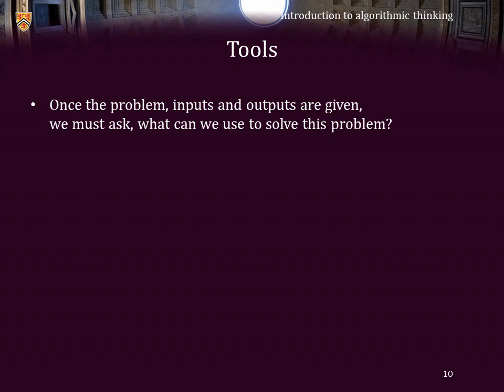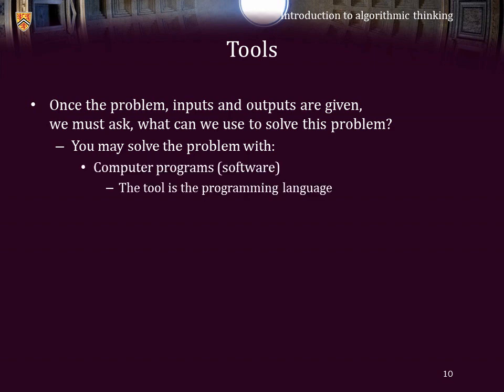Now, once the problem, inputs and outputs are given, one must ask, what are the tools we have to solve the problem? So as an engineer, you may be solving the problem with a computer program. For example, a software engineer will use a program to solve a mathematical problem. The tool is the programming language. An electrical engineer will use circuits.